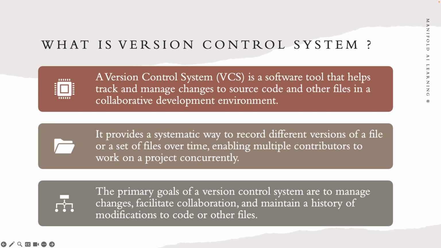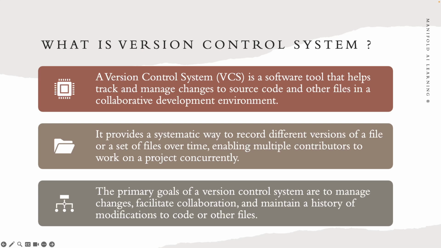One of the main goals of having this version control system is to manage the changes, facilitate the collaboration, and maintain the history of modifications to the code or the other files. So that's the main reason that we want to use this version control system in an MLOps project.